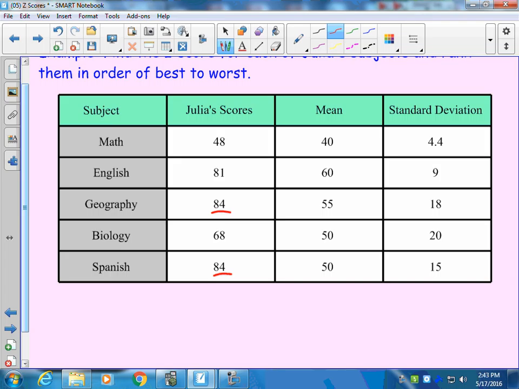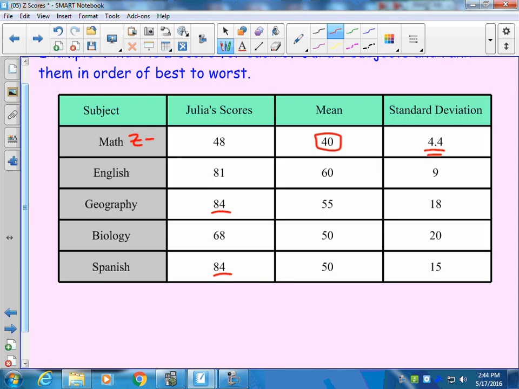Okay, but now that's based on a raw score. What we want to do is find out what's her distance from the average based on a standard deviation. Okay, so we want to turn these scores into z-values.